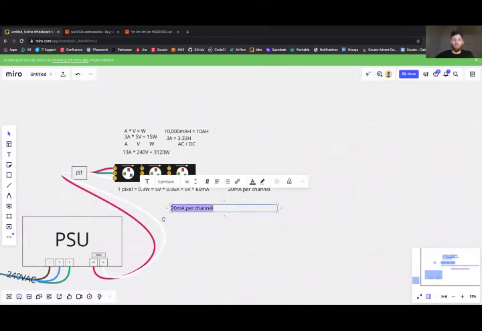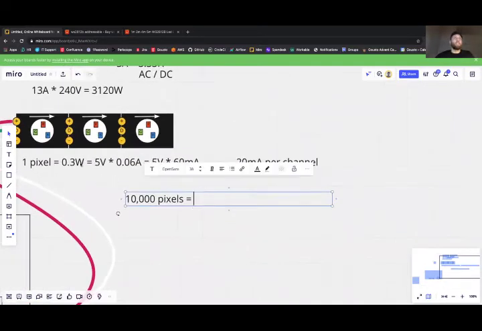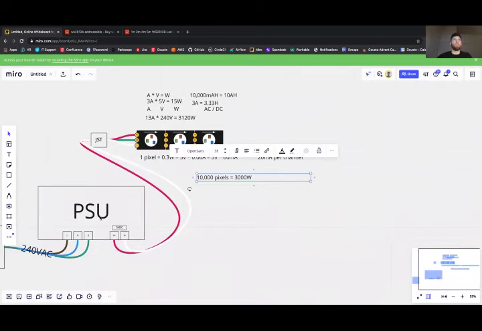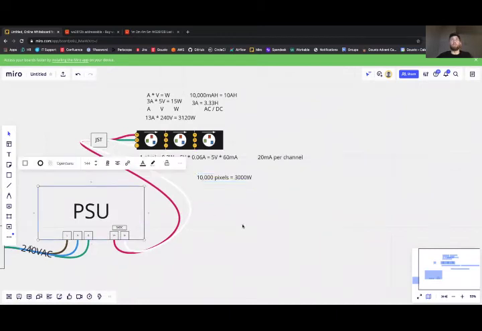We've got 2,000, let's say 10,000. 10,000 pixels is how many watts? 0.3 times 10,000 is 3,000 watts. Okay. Now, how on earth are we going to provide 3,000 watts to our system? Let's just get a PSU that handles 3,000 watts.